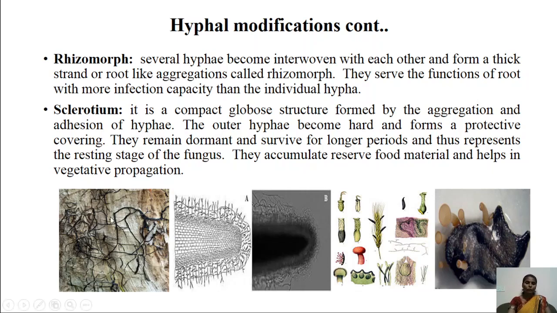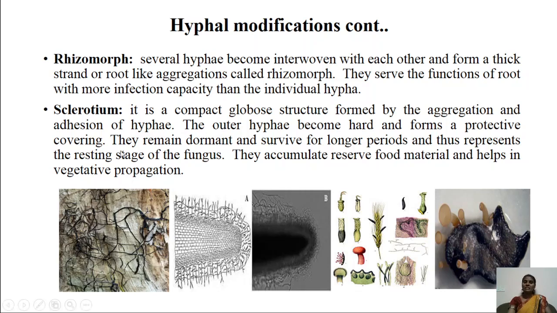In the diagram, we can observe root-like structures which are modifications of fungal hyphae. They mainly help in penetration and increase the infection capacity of hyphae. So these are modifications for penetrating the host.